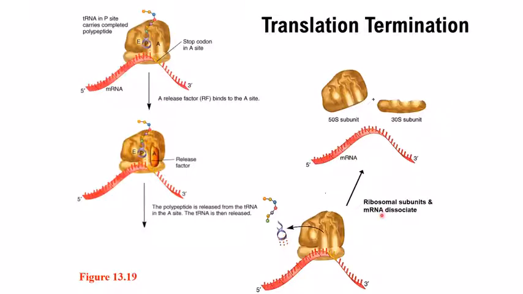This is followed by dissociation of ribosomal subunits. The smaller and the larger subunits will get separated, as well as the template, that is mRNA, which was being used for carrying out the translation, that is protein synthesis. So in this manner, the termination of translation takes place inside bacteria.